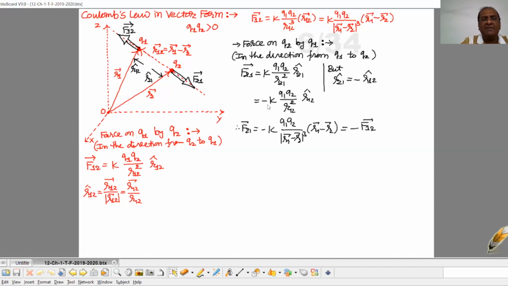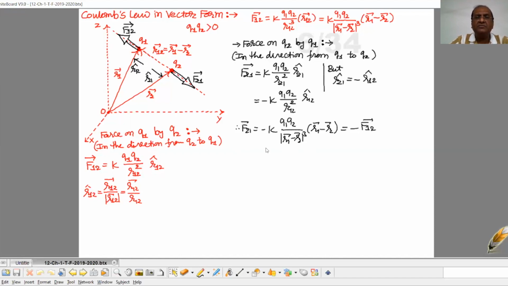So we can write minus k q1 q2 upon r12 square into r12 caret. Magnitude wise, r21 and r12 are the same thing. So resultantly we can write F21 as minus k q1 q2 upon magnitude of r1 minus r2 cube into vector r1 minus vector r2.